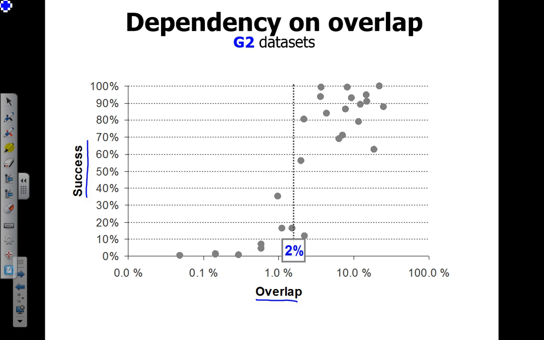And here you can see an interesting phenomenon: when the overlap is very small, meaning that the clusters are really well separated, the success is small. It's almost 0. And somewhere at the 2% there seems to be this kind of invisible barrier, that when you cross this barrier where the clusters become more overlapping, so when the misclassification rate of the points increases over 2%, then the success stories start to happen.